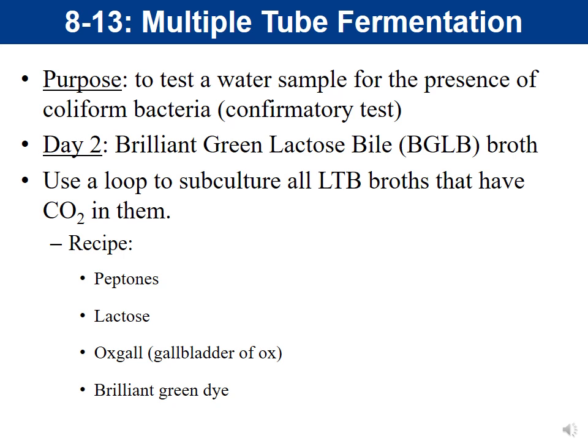And so let's start by talking about what is in the next step. So on day 2, you would inoculate what's called a BGLB, Brilliant Green Lactose Bile Broth. So that's the name of the media. The first ingredient that we need to know is going to be our peptones. And what would the peptones be in the media for? General growth.